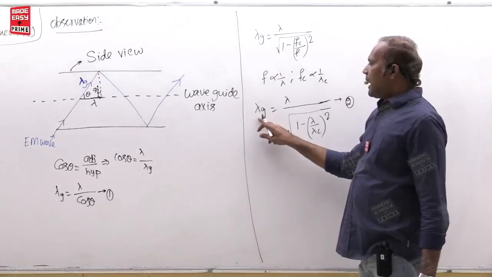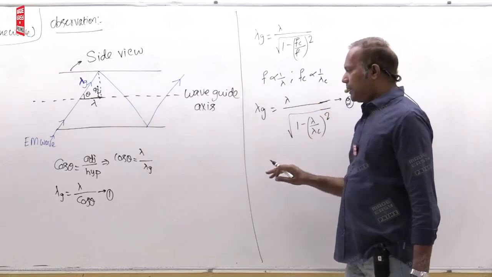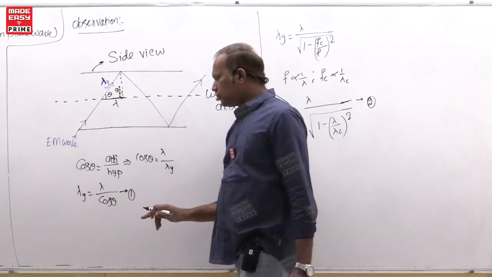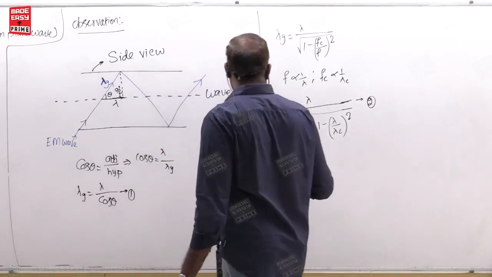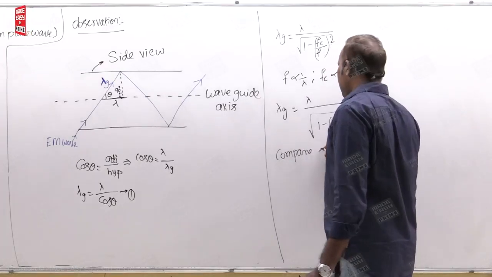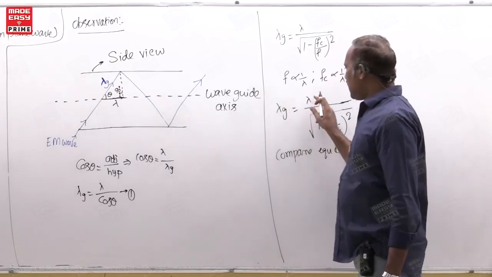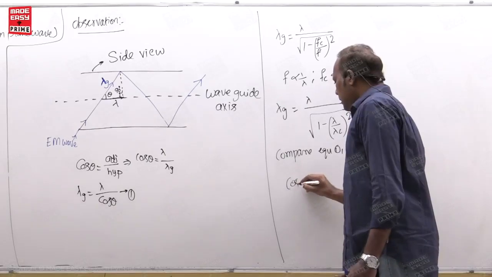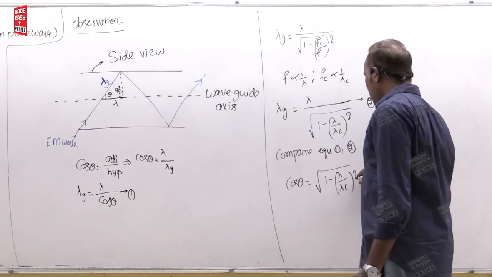Now, this is the guide wavelength in terms of lambda and lambda c, and this is the guide wavelength in terms of lambda and wave angle. I will write later on what theta is. So, compare equation 1 and 2. Here the numerator is lambda, here also lambda, the denominator is cos theta, and this one is the same. So cos theta is equal to root of 1 minus lambda by lambda c whole square.